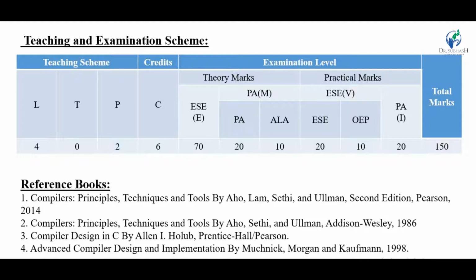Types of compiler. There is single pass compiler, 2-pass compiler, multi-pass compiler, cross compiler, etc. In a single pass compiler, source code is directly transformed into target code or machine code, whereas a 2-pass compiler divides into 2 sections.